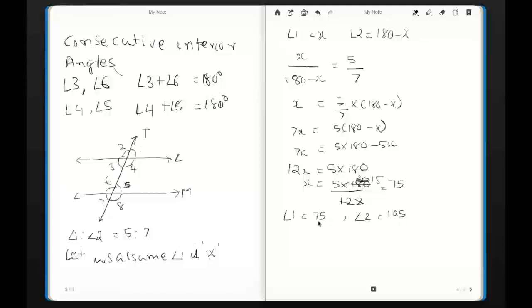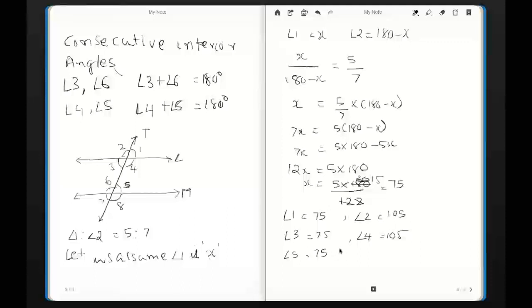So angle 1 is 75, angle 2 is 105, which means angle 3 is 75, and angle 4 is 105, because they are opposite angles. Now what about angle 5? It is the corresponding angle to 1, so angle 5 is 75, and then I can use the same rules.